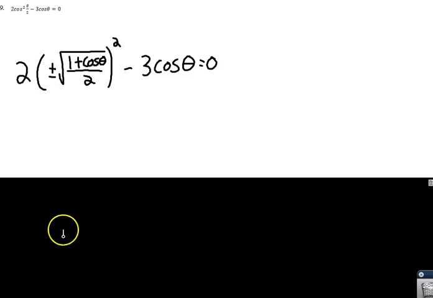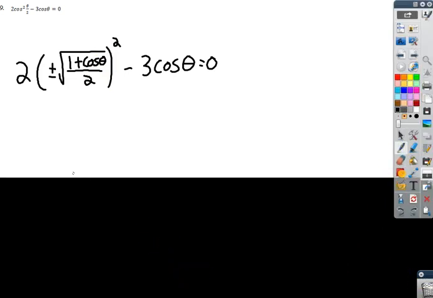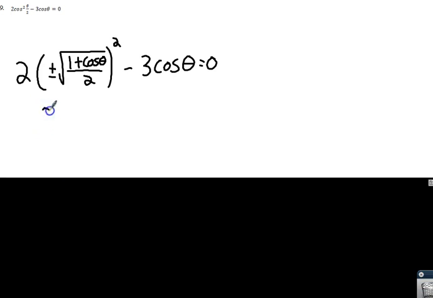Now, it's squared, right? I know this looks awful, but I'm squaring it, which means I'm not only going to kill off my square root in there, which is phenomenal, I'm also going to kill off the plus minus. How, you might ask? Because when I have a plus minus, if I square a positive, I'm getting a positive.